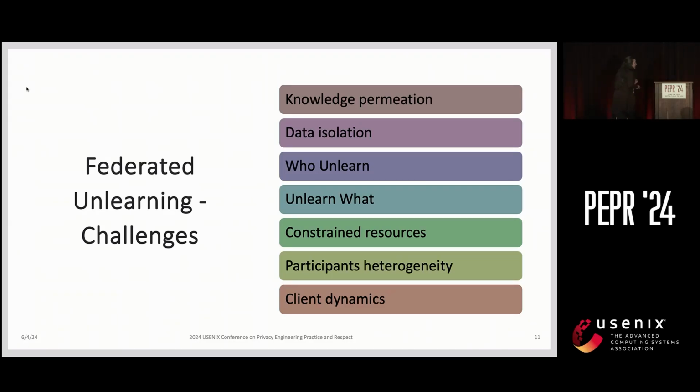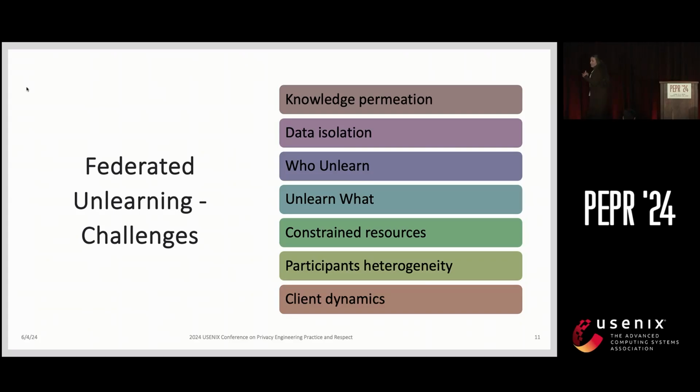But not every client contributes their updates in every iteration. Not every client is even present in every iteration. And so we have this very stochastic knowledge permeation in federated unlearning, which makes it extremely difficult to start even approximating and reasoning about the influence of the individual data set.